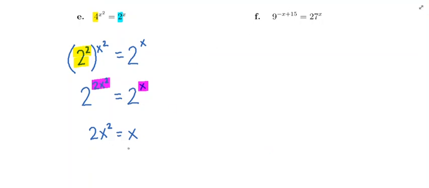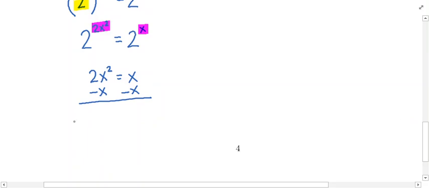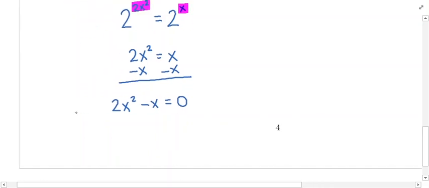So I'm going to go ahead and move the x over. I'm going to subtract x from both sides. This is going to tell me that 2x squared minus x is equal to 0. This one looks pretty straightforward to factor, so I'm going to solve by factoring, but again, you could use the quadratic formula with a being 2 and b being -1 and c being 0.